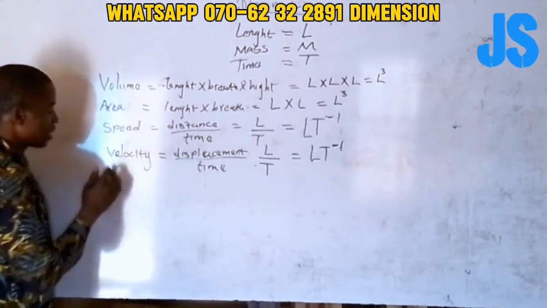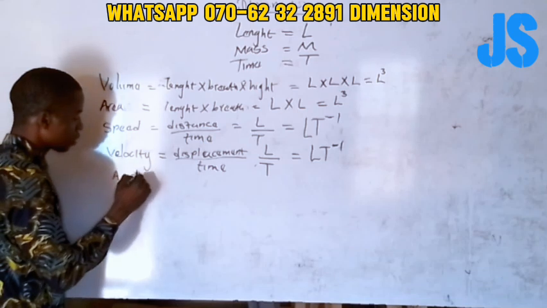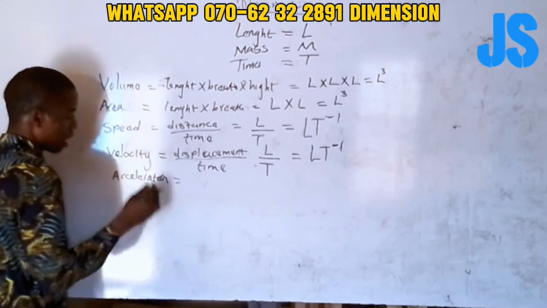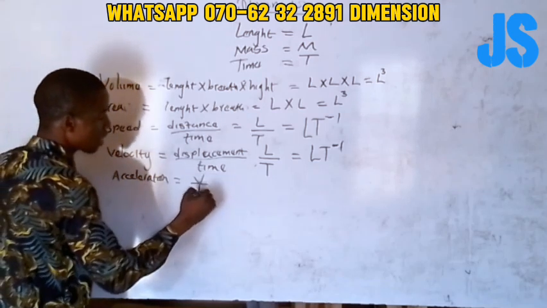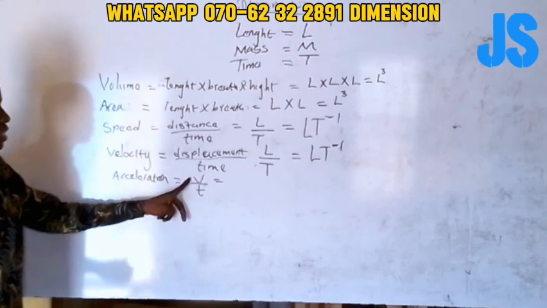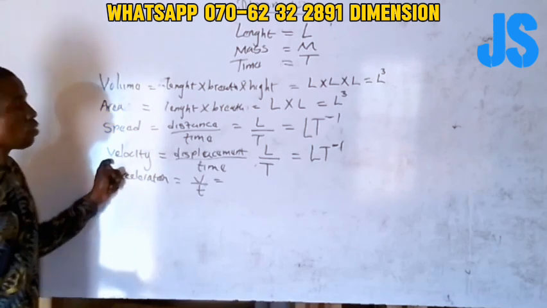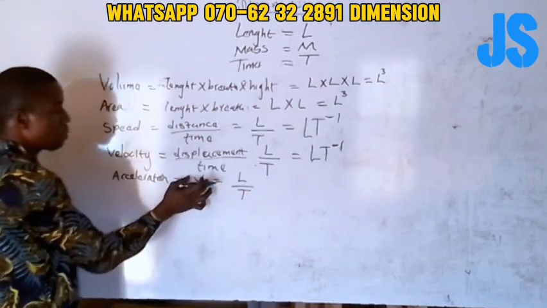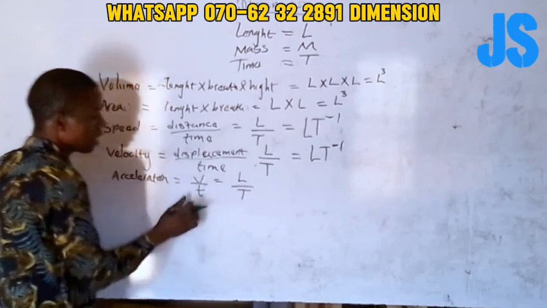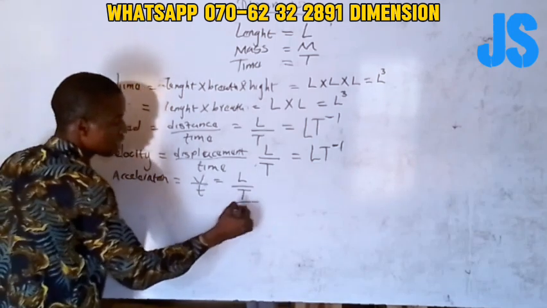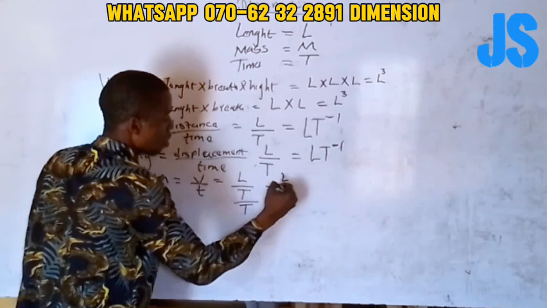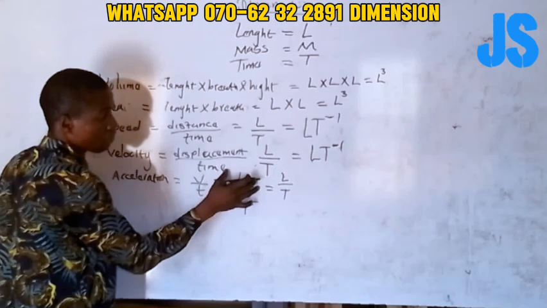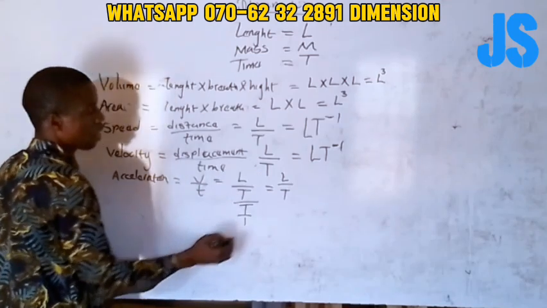Now, the next one, acceleration. What is acceleration? Acceleration represents velocity all over time. Remember, the dimension of velocity is L over T. You have time again down, T. We can write L all over T all over 1.